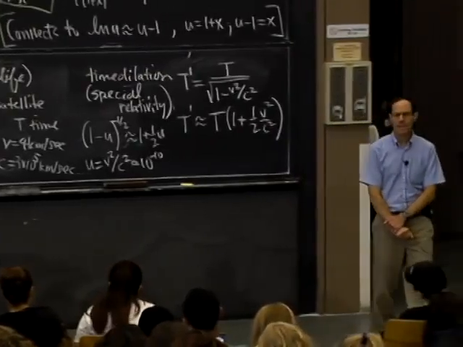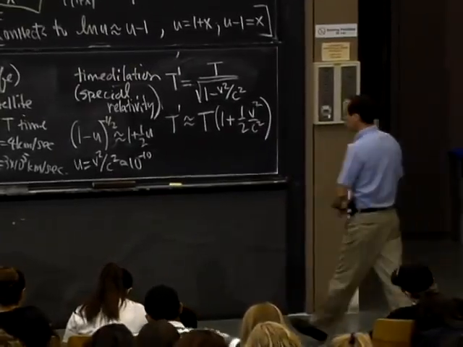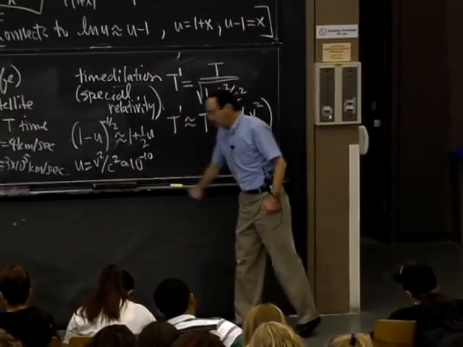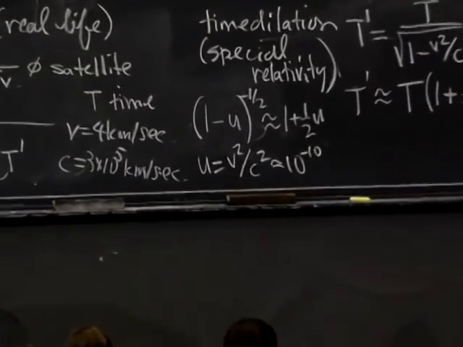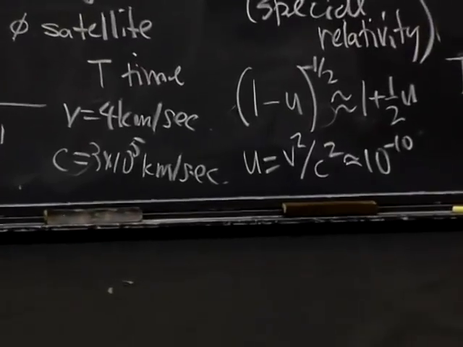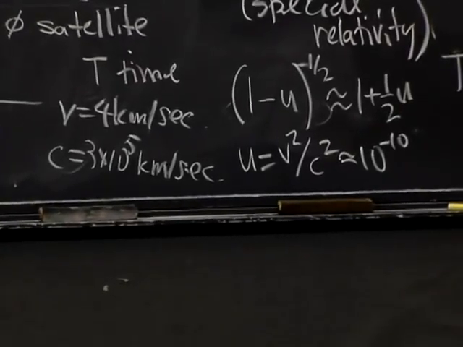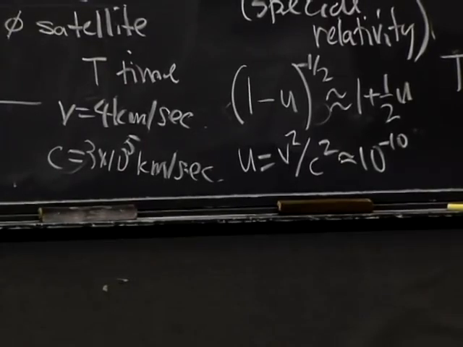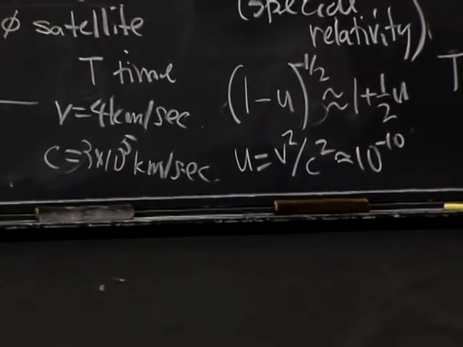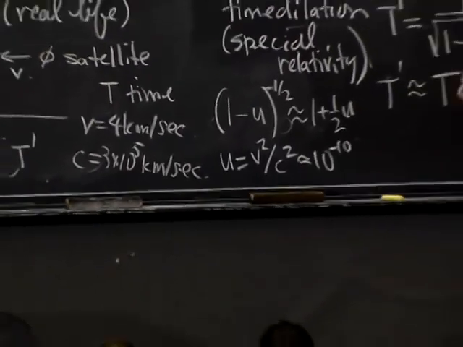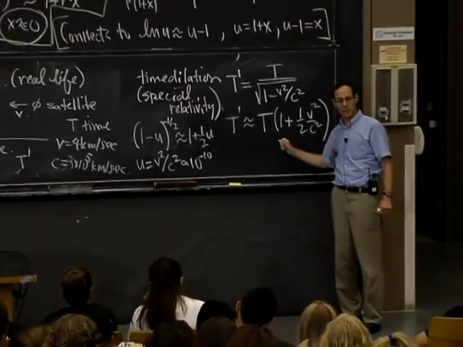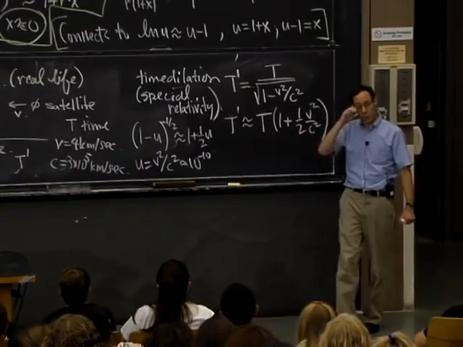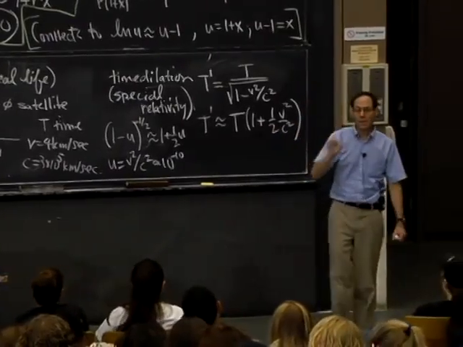Now, if you actually keep track of how much of an error that would make in a GPS location, what you would find is maybe it's a millimeter or something like that. So in fact, it doesn't matter. But the engineers who were designing these systems actually did use exactly this computation.